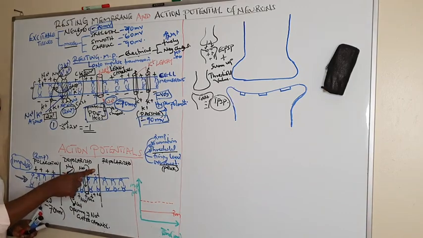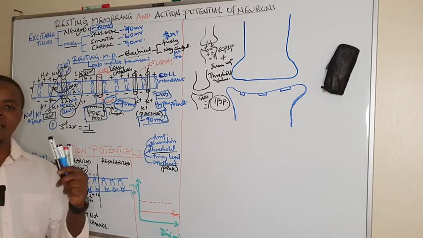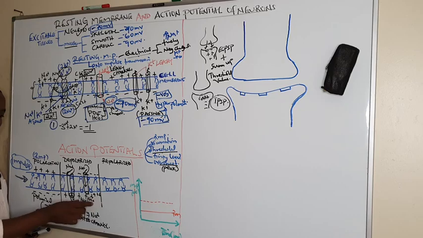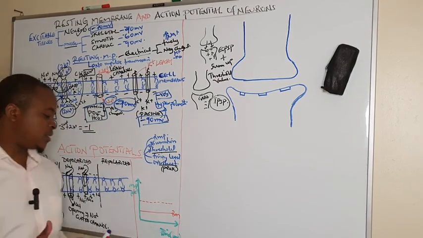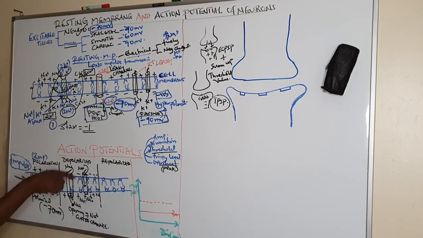The negative charge outside is brought about by the loss: we are losing sodium ions without adding any. Then the inside becomes positively charged because it is gaining sodium ions but not losing anything to the outside. This is what we call depolarization of the cell.